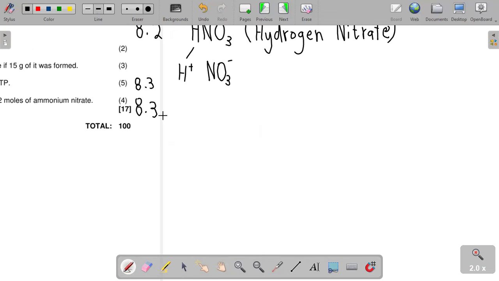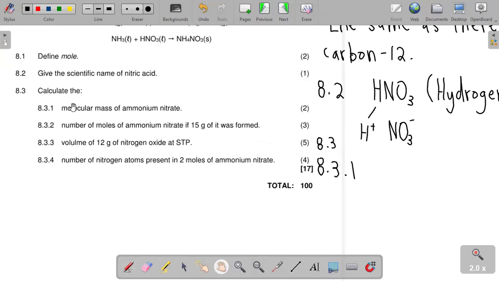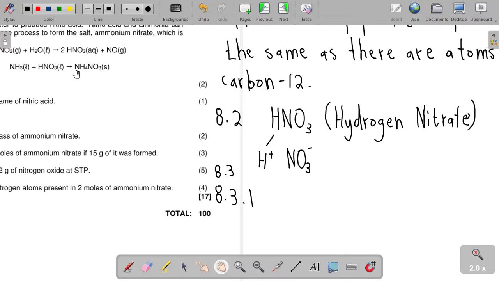8.3.1. Now, here we're given: calculate the molecular mass of ammonium nitrate. Ammonium nitrate is here. So the molar mass for what?